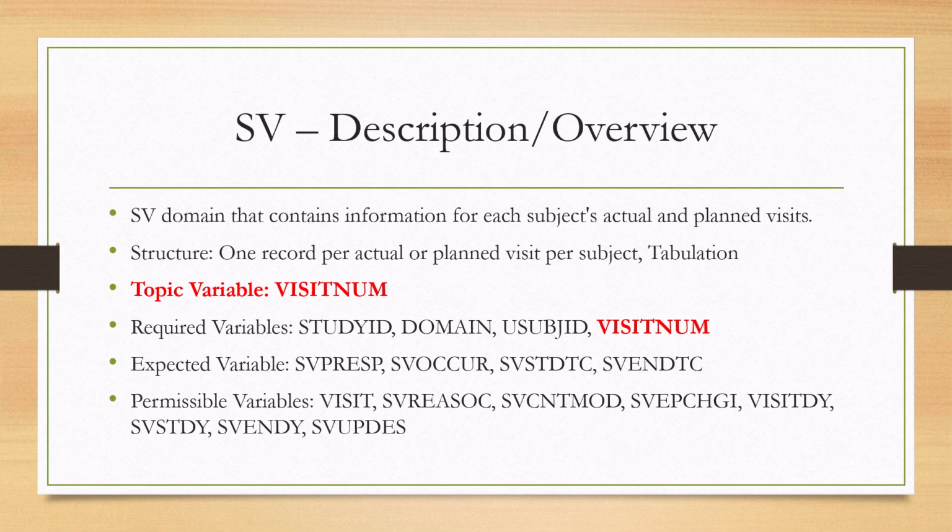Then we have SVCNTMOD, which is the contact mode. And then another is the pandemic related change indicator. We have VISITDY, SVSTDY, SVENDY, and then we have SVUPDES, which is the description of unplanned visit.